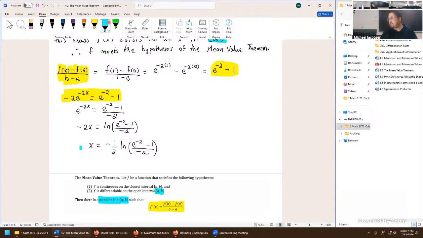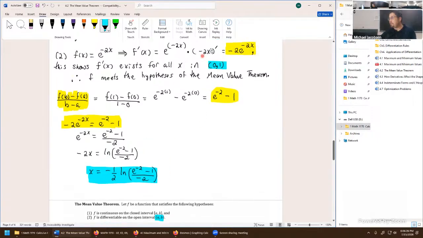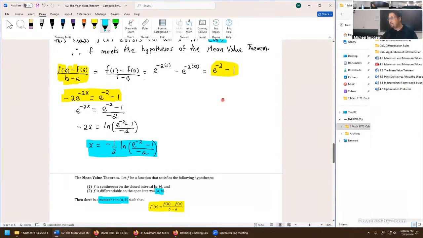My claim is that's the number c for which, if you plugged this into the original derivative here in yellow, you're just going to get the average rate of change, e to the power negative 2 minus 1.